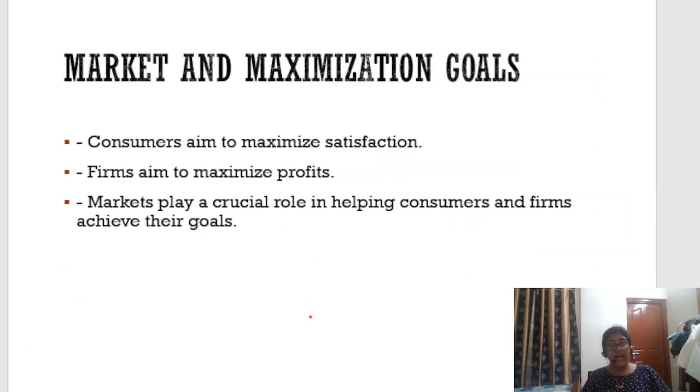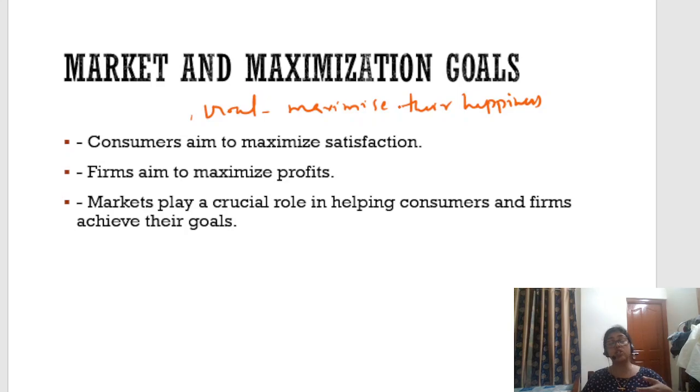The next one is market and maximization goals. Consumers and firms both try to maximize what is important to them. They try to maximize their satisfaction or utility. The goal of an individual consumer is to maximize their happiness or utility.